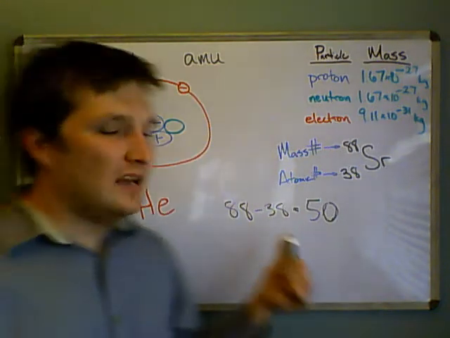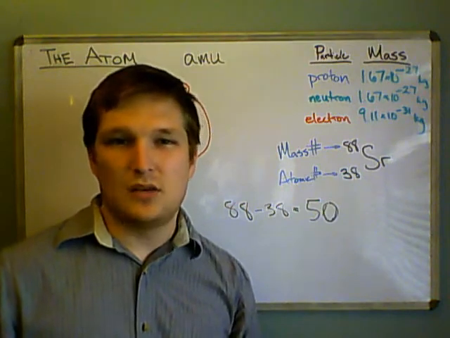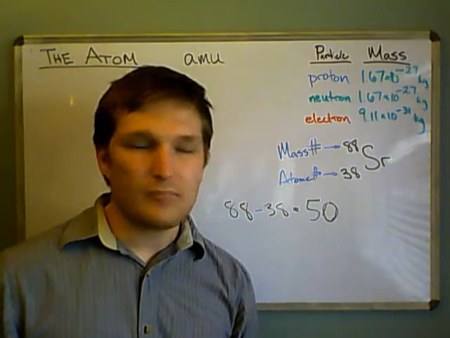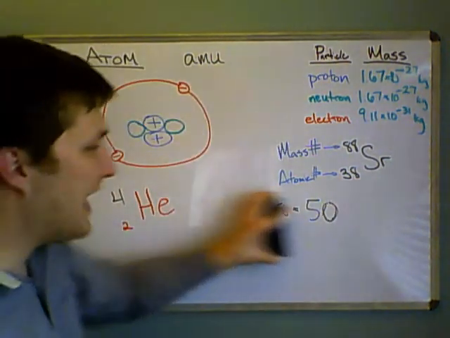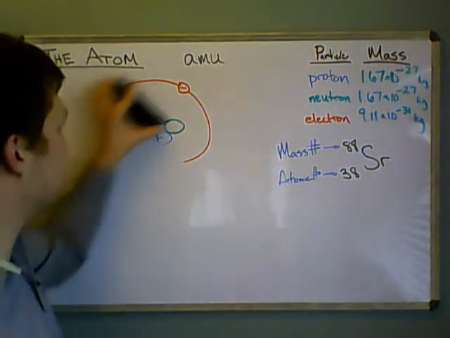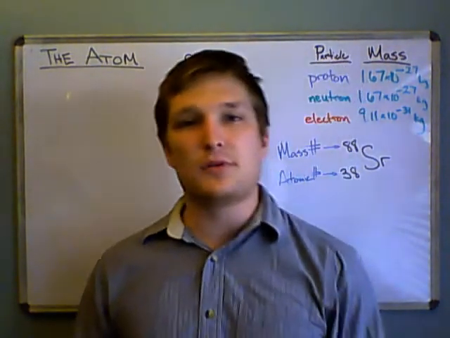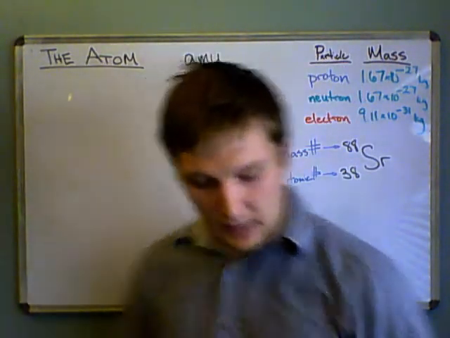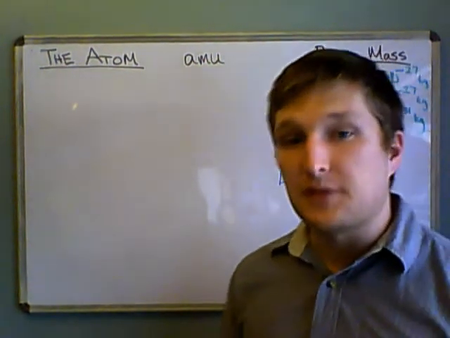So now this brings up the next topic, I guess, which is an isotope. An isotope is an atom with a different, or two isotopes are two atoms that have different numbers of neutrons. Because an atom is defined by how many protons it has.